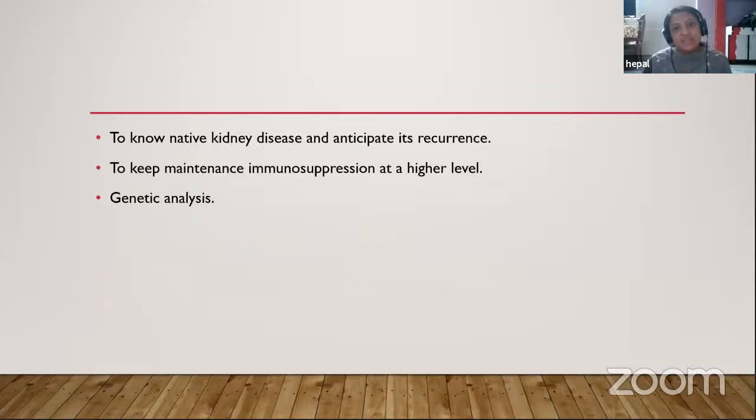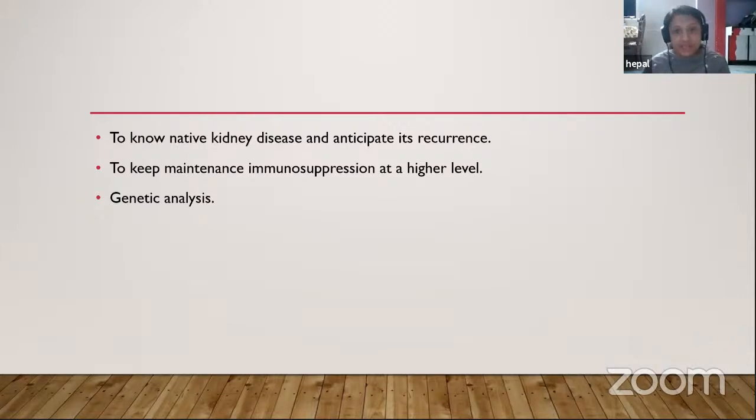To know the native disease and anticipate its recurrence, keeping maintenance immunosuppression at a higher level may help contain the primary native kidney disease. And genetic analysis, which in the recent era helps us to plan the outcome of the patient.